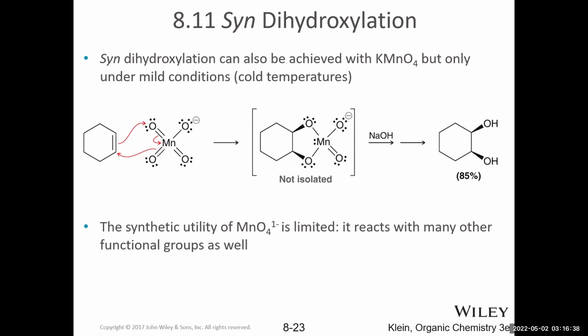So it has some limitations, but kept very cold, sometimes it can be successful and it's a lot cheaper than osmium tetroxide. So you can see that it has a very similar structure on this side, right? Where the metal has 2 double bonds to oxygen, it can form that same type of cyclic intermediate, which can eventually be reductively cleaved to form the syn diol.